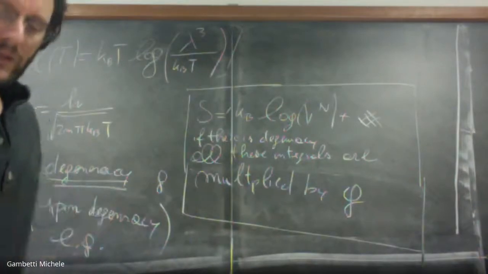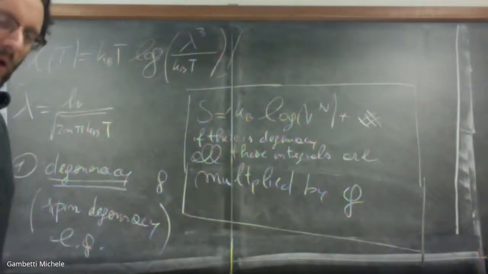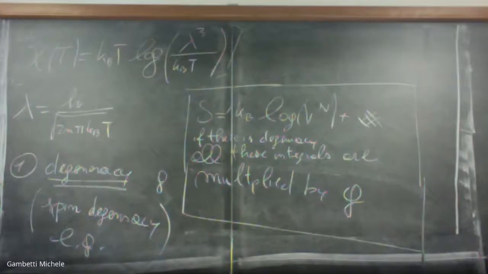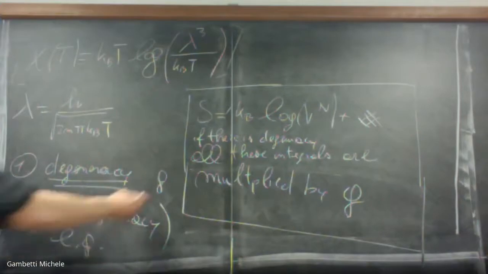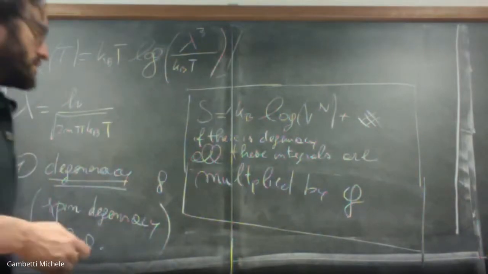So basically, I have the integral over the coordinates, and I just need to add a factor g, which takes into account the degeneracy, which could be the spin, for instance.